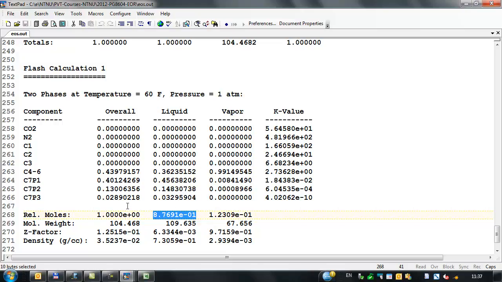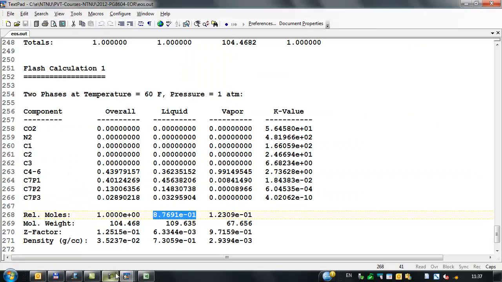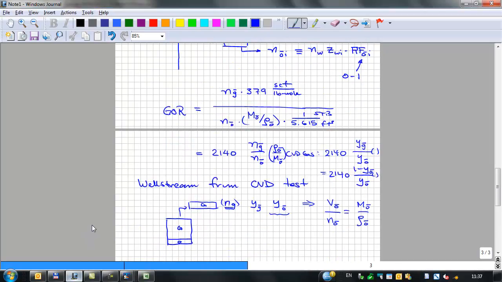Do you all see the problem? What's happening is that it's splitting out the components that you say you want to be surface oil. But if you try to put that into the equation of state, it'll split into two phases. It won't be a surface oil.